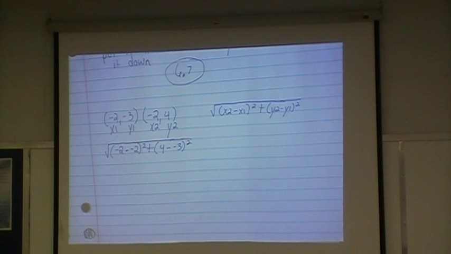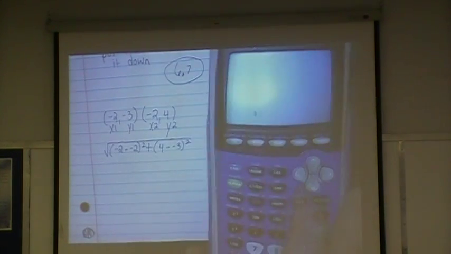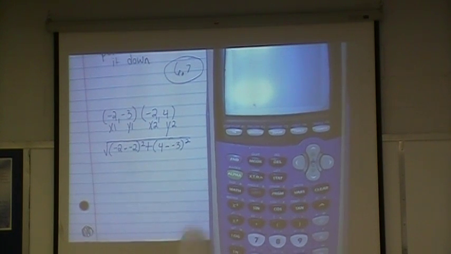Now, I'm not going to make you do that every single time we do a distance problem, but for today I am. Then, once you have written down your stuff, grab your calculator. The square root button is above the x squared button. You're going to say second square root, parentheses.